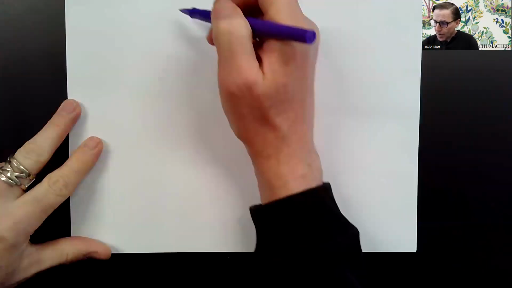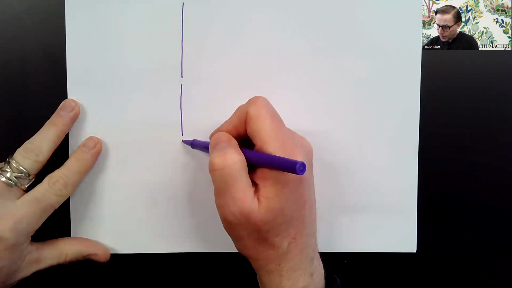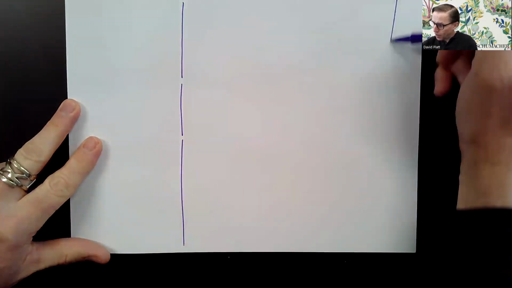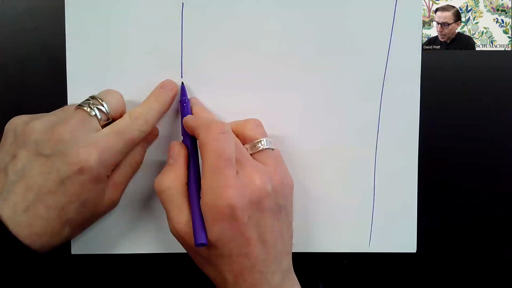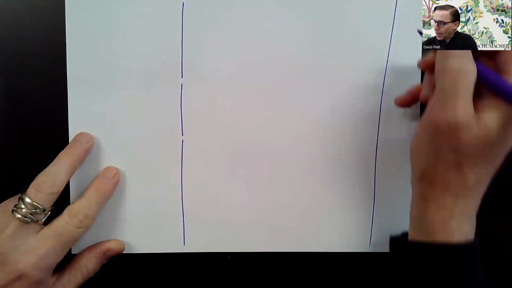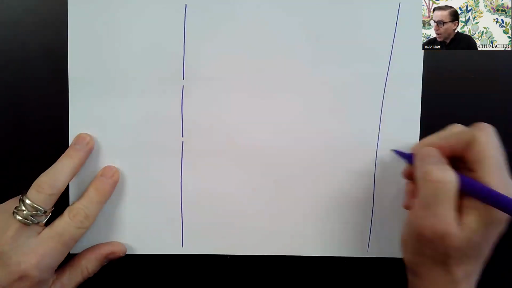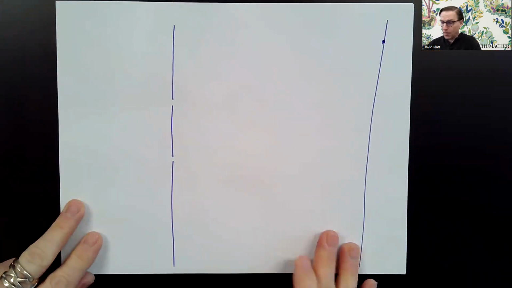I'm going to draw it bigger. So if I have my two slits and I have my screen over here, at each location here, I've got light coming from this slit and light coming from this slit. So I could talk about lots of different locations here. I'm just going to talk about one location and see what happens there.